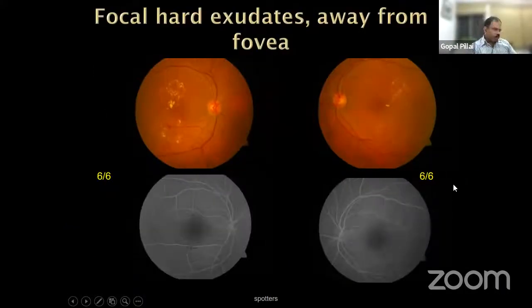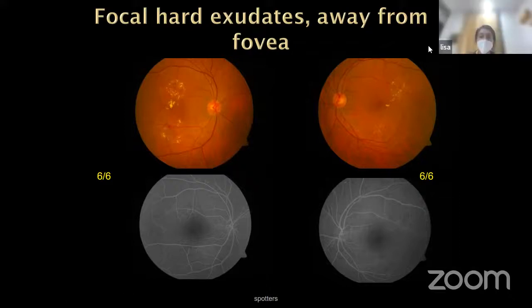So what was the inclusion criteria of most of the trials for injections in terms of vision? Was it 20/20 or 20/25 or 20/30 or 20/32? What is the visual acuity criteria?